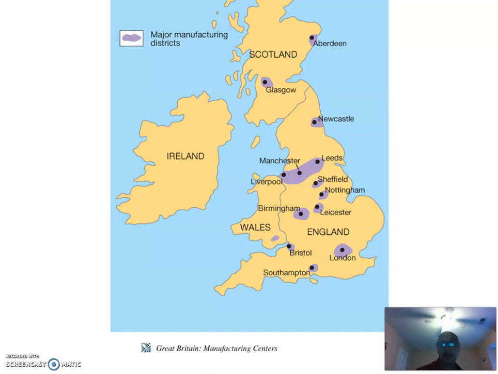Well, if you look at a basic map of Great Britain, you will notice that Britain had an abundance of coal fields. What you cannot see on this map is that Britain also had an abundance of canals and river systems that connected these coal fields very well to ocean harbors.